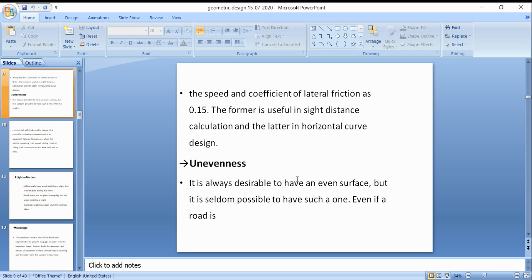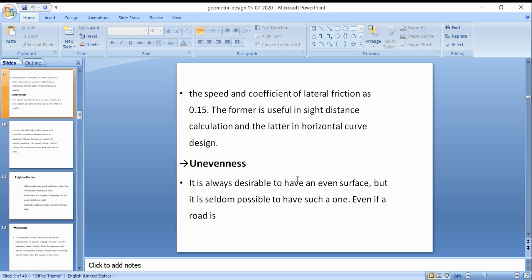In this, we are considering F, the coefficient of friction, which is between 0.35 and 0.4. So friction is also an important factor that is considered for the design of the road.